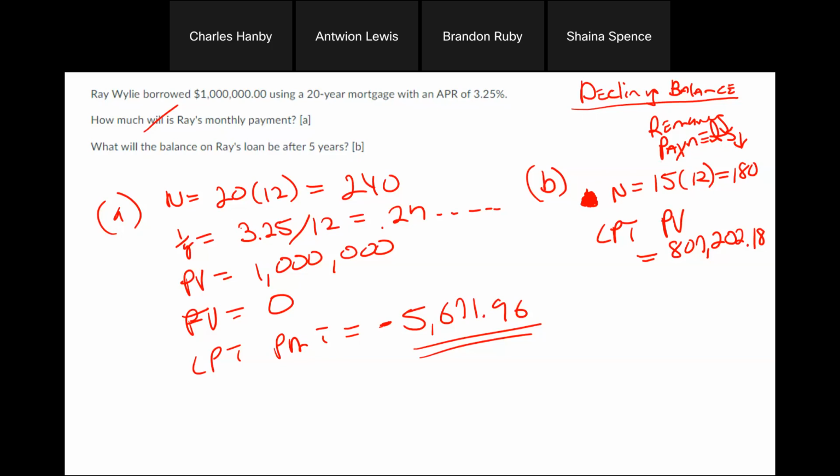When we enter it on our calculator, would it recall everything else that we previously entered? Yeah, all this stays in there, and you're just changing N and computing the PV. That's a good question, because your calculator will remember all of this.